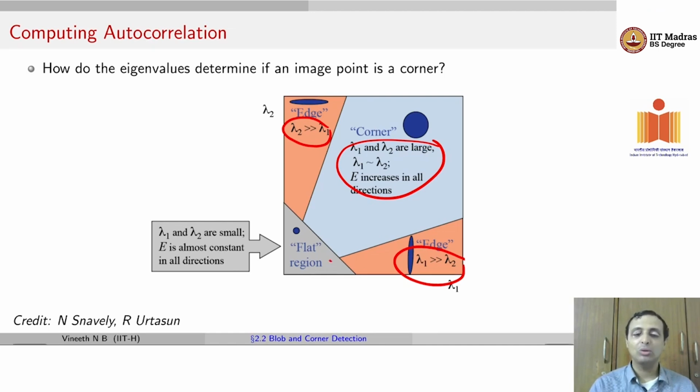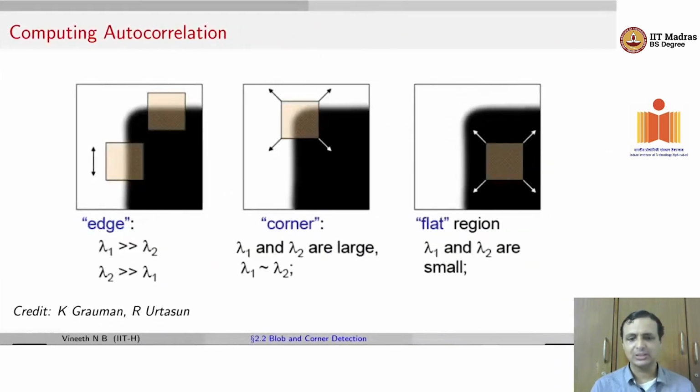And if both lambda 1 and lambda 2 are small, you're going to say it's a flat or textureless region. So from the eigen decomposition of A, all we are looking for is both the eigenvalues to be high, and we know we've probably hit a corner. So let's see how you actually do this inference.